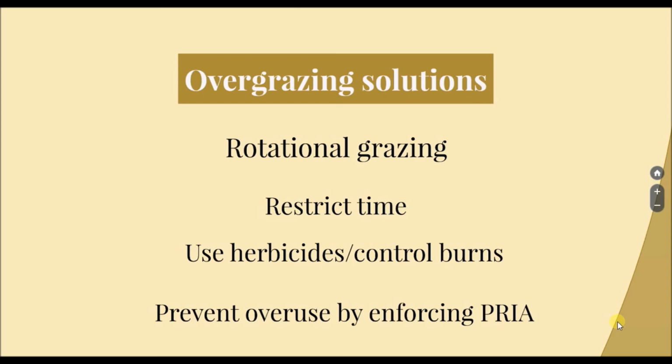So some solutions to overgrazing is this process called rotational grazing, where ranchers will say, okay, we're only going to be here for a certain amount of time, and then they move them to another section of the rangeland, and then they leave that rangeland, and they make sure that they leave areas for long periods of time, enough for the environment to recover before they come back to that same area, restricting the amount of time that the cattle are there.